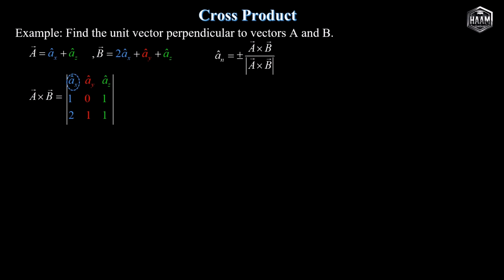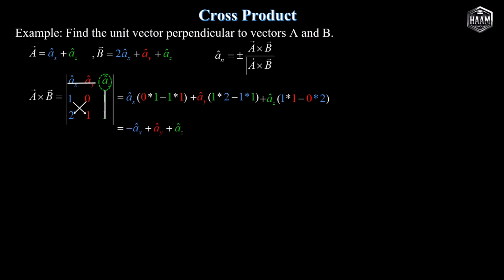Expanding the determinant, a cross b equals, open parentheses, 0 times 1 minus 1 times 1, close parentheses, a hat sub x plus, open parentheses, 1 times 2 minus 1 times 1, close parentheses, a hat sub y plus, open parentheses, 1 times 1 minus 0 times 2, close parentheses, a hat sub z.